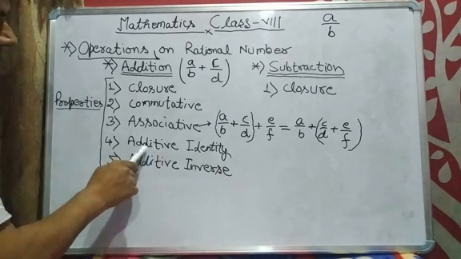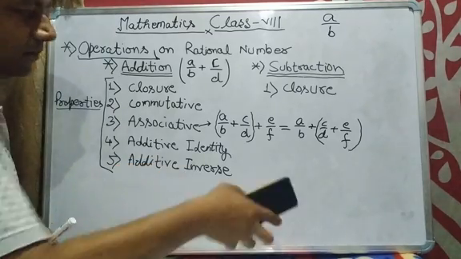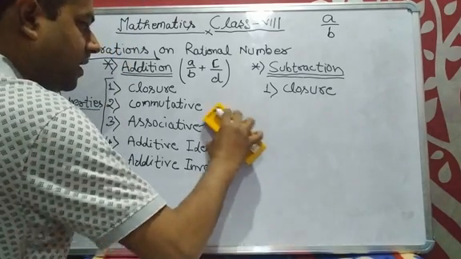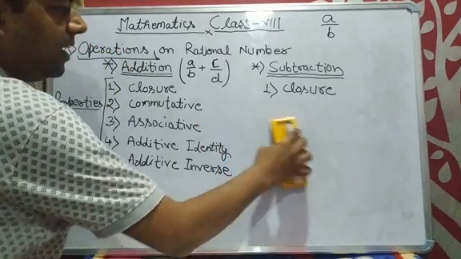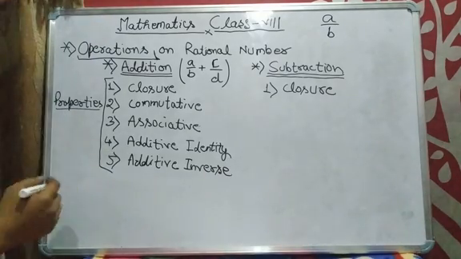Next one is the additive identity. Additive identity works on a single rational number.